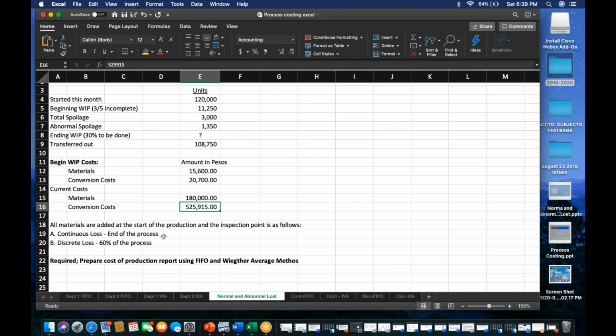For continuous loss, end of the process. For discrete, 60% of the process. So we are asked to prepare cost of production report using FIFO and weighted average method. Sorry for the wrong spelling. Okay, let's do this.